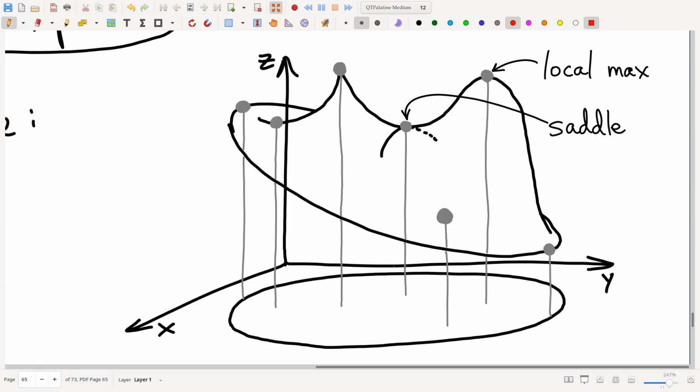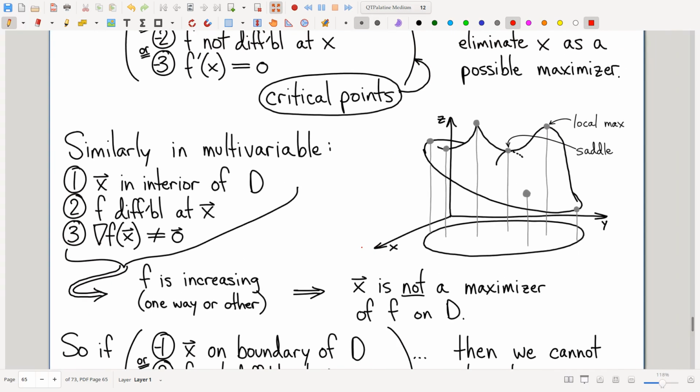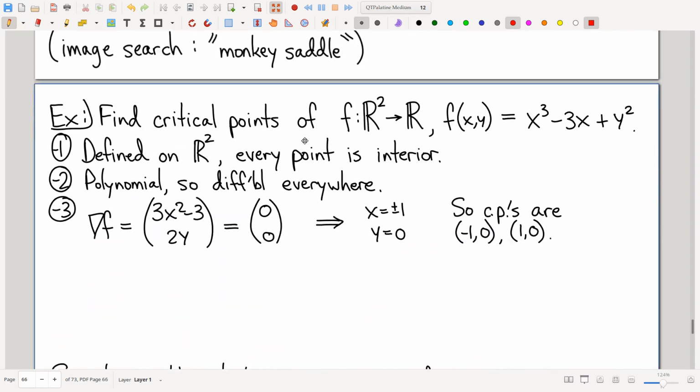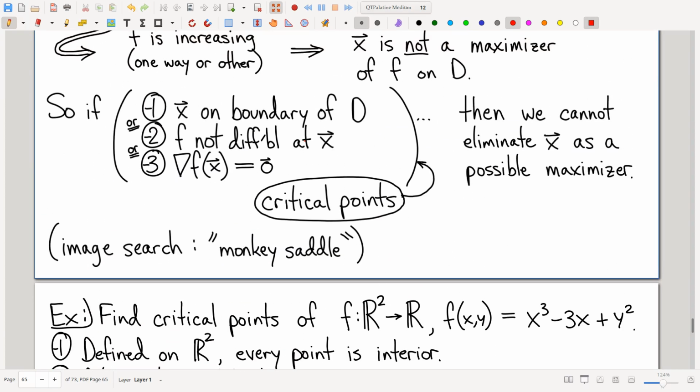So there are other kinds of saddle points though that don't actually look like saddles or Pringles, and it's a weird world out there, and there's lots of different kinds of saddle points. Oh, by the way, for a fun one, you can do an image search on monkey saddle. Give that a look, and there's a million others.